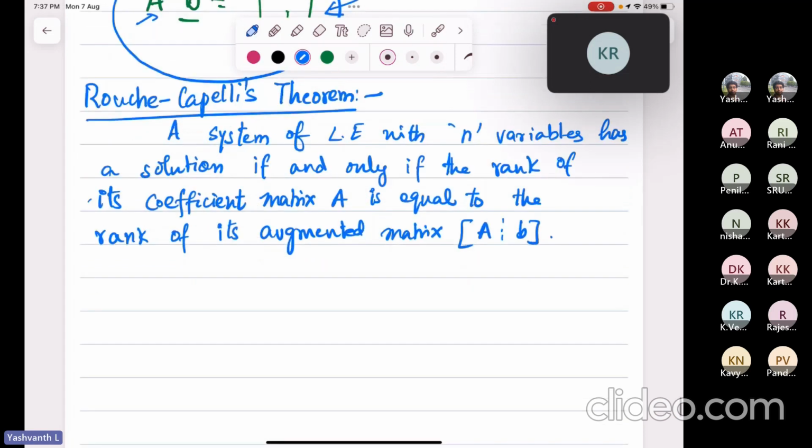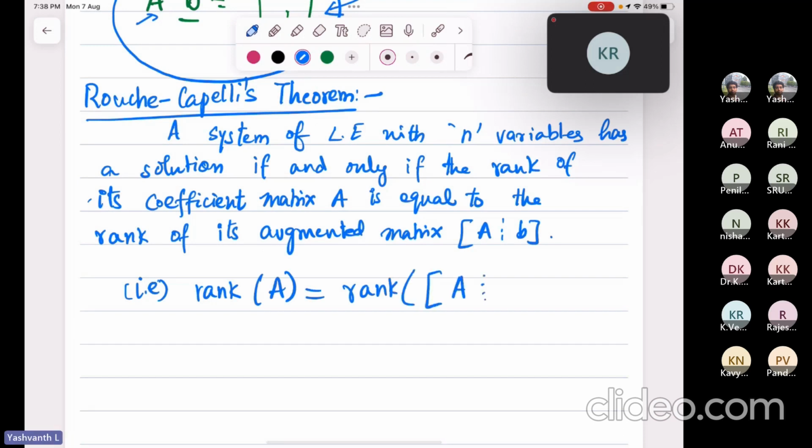What I'm trying to say is, rank of A equals rank of the matrix A concatenated with the column vector b. If this condition is satisfied, then the system of linear equations Ax equals b will have a solution.